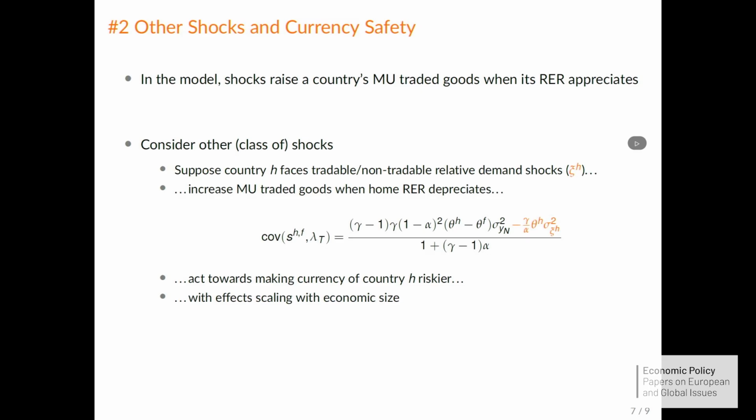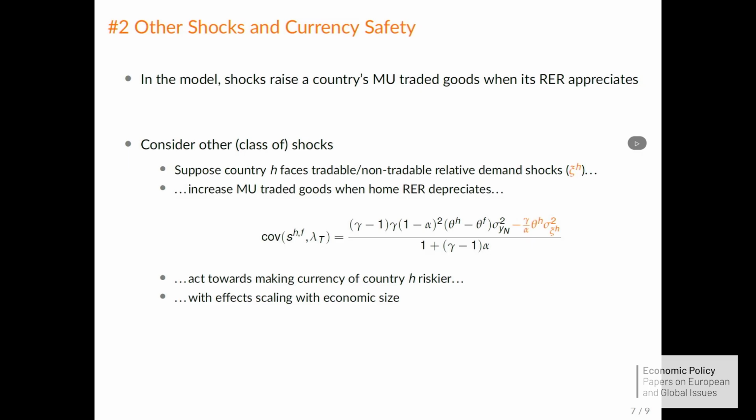Okay, so in this slide, the last term captures the contribution of these relative demand shocks to the overall covariance of interest. And as you can see, they enter with a negative sign; they make the country's currency riskier, the more prevalent they are. Moreover, that term is scaled by size. Here, any shock is scaled by size.